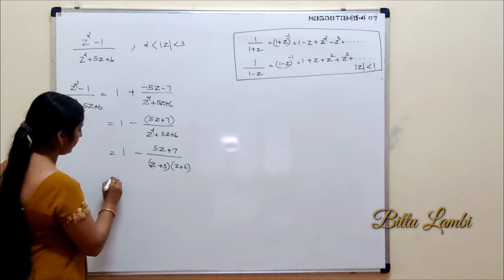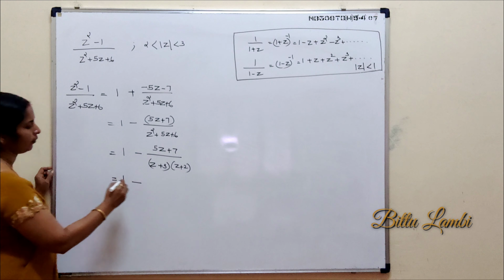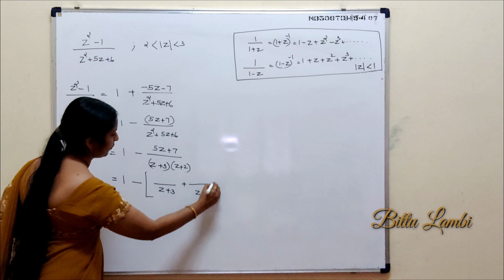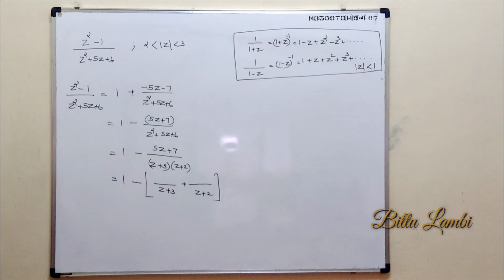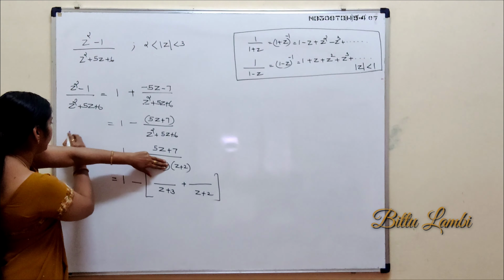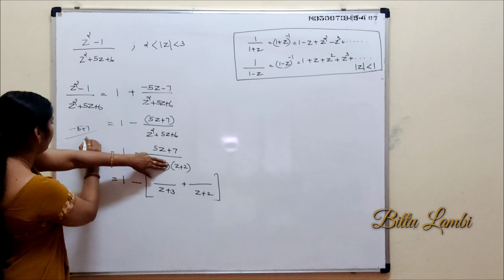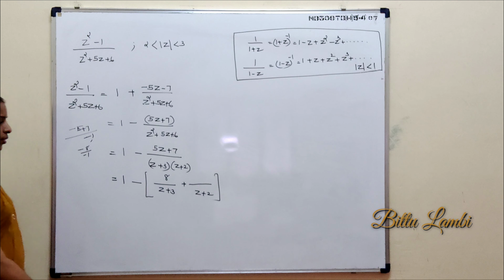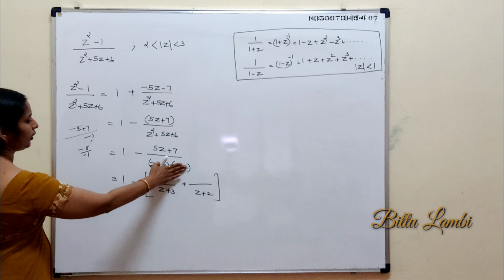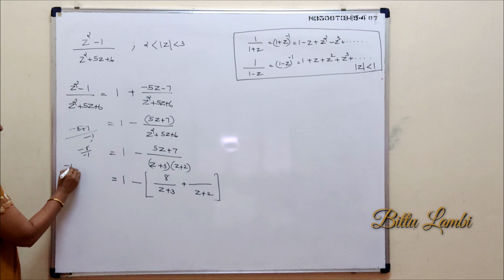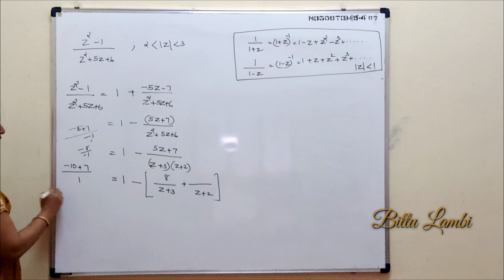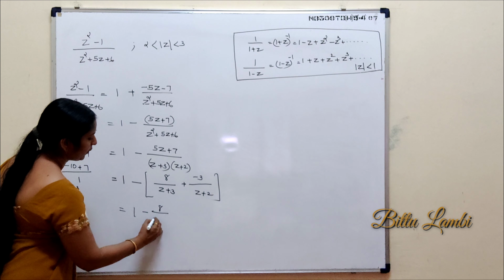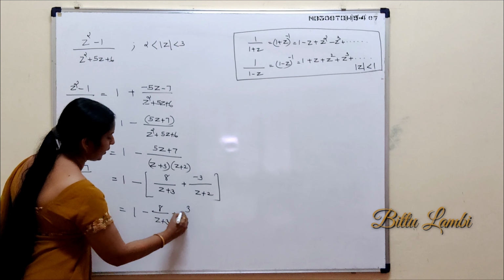And its partial fraction is: you put z equal to minus 3 here, then minus 15 plus 7 by minus 1, that is minus 8 by minus 1, that is 8. Next you put z equal to minus 2 here, that is minus 10 plus 7 by 1, that is minus 3. So it is 8 by z plus 3 minus 3 by z plus 2.